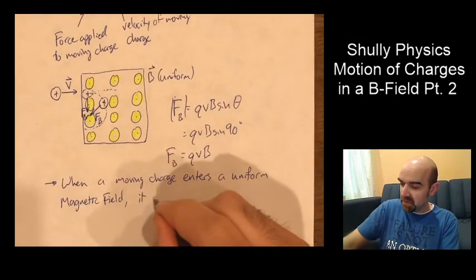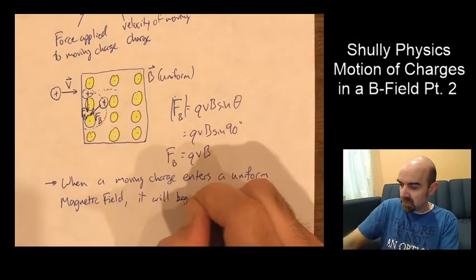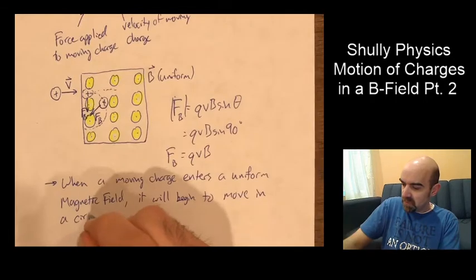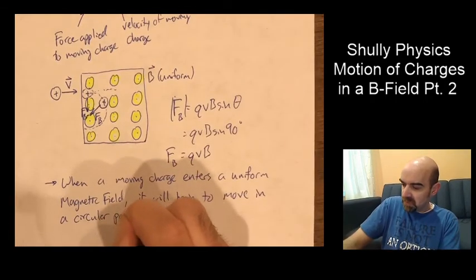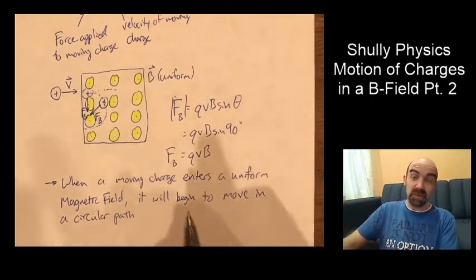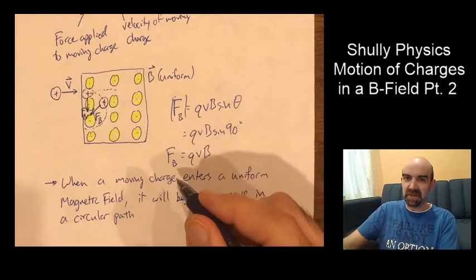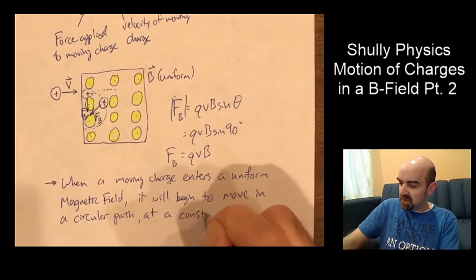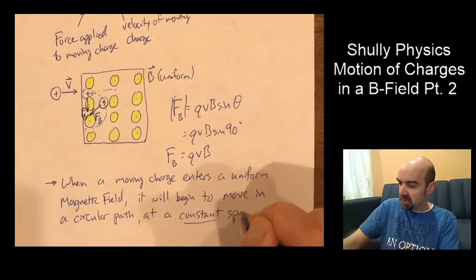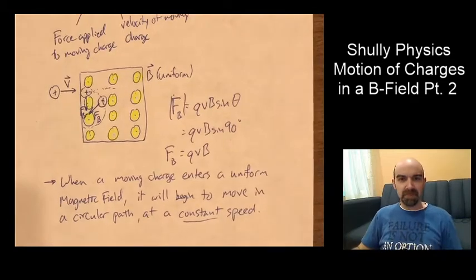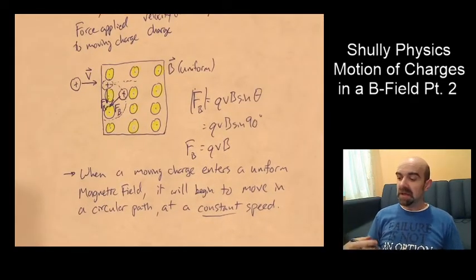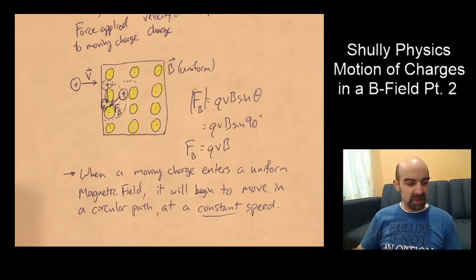It will begin to move in a circular path. And at what speed? Changing speed? It's not going to get faster or slower. At a constant speed. Okay, there it is. When a moving charge enters a uniform magnetic field, it will begin to move in a circular path, moving at a constant speed.